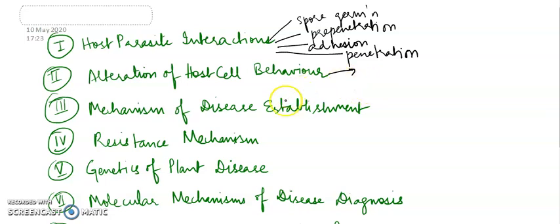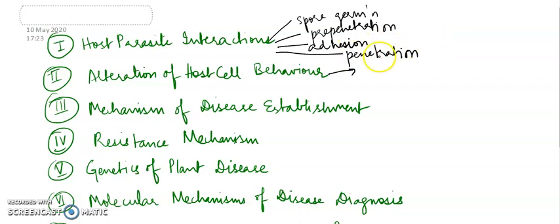Now once the host cell behavior has been affected, the plant is not going to sit quiet. The plant is going to have its own response. So what are the different mechanisms of disease establishment? Now the organism usually uses mechanical force to penetrate, but once it goes inside, the manifestation of the disease or the progress of the disease is mainly due to chemical reactions.